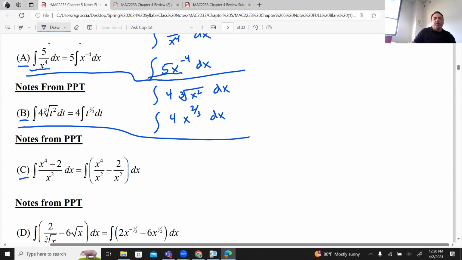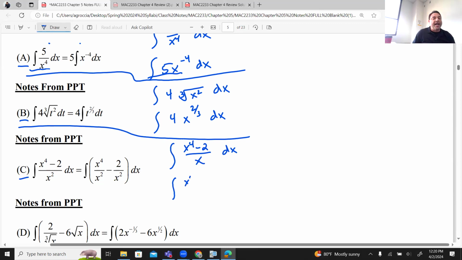Now, for the next one, just to kind of show you, if you had the integral of x to the 4 minus 2 over x squared, you may say, hey, we haven't learned quotient rule or anything for integral, and there's not any of those rules, but there is some algebra that you could do. So what's being divided by x, first or second? Both.